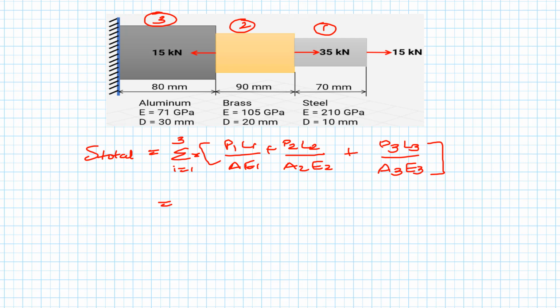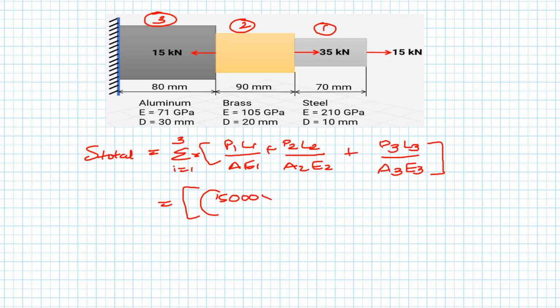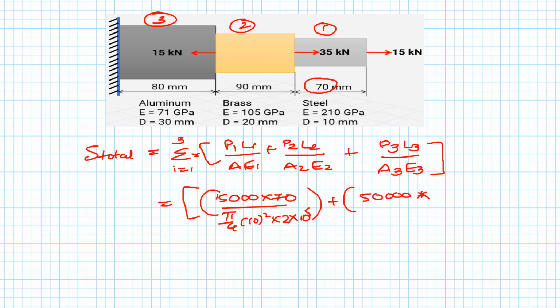So let's find out the deformation in the first section. The force in the first section is 15 kilonewtons, 15,000 into L1, which is 70, upon area pi by 4 into 10 square, into Young's modulus of steel, that's 2 into 10 raised to 5, that's 2 lakh. For the second section, the force is 50 kilonewton, so it will be 50,000 into L2, which is 90 mm, upon A2, the cross section area of brass, into brass Young's modulus.